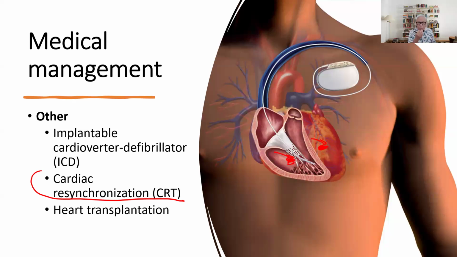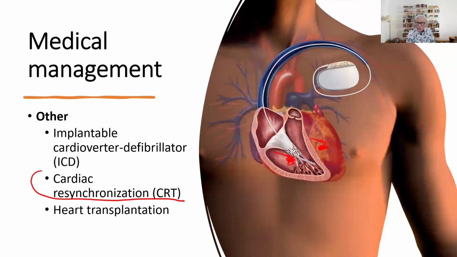Okay? So synchronization therapy with ventricular pacing is indicated with patients with an ejection fraction, usually that is going to be less than 30%. And then, of course, you could also have your left ventricular assist device or your LVAD, and heart transplantation being the last option that's going to be available to patients with terminal heart failure.